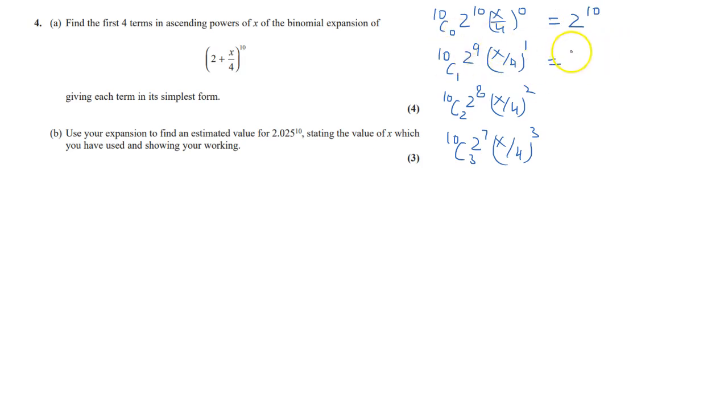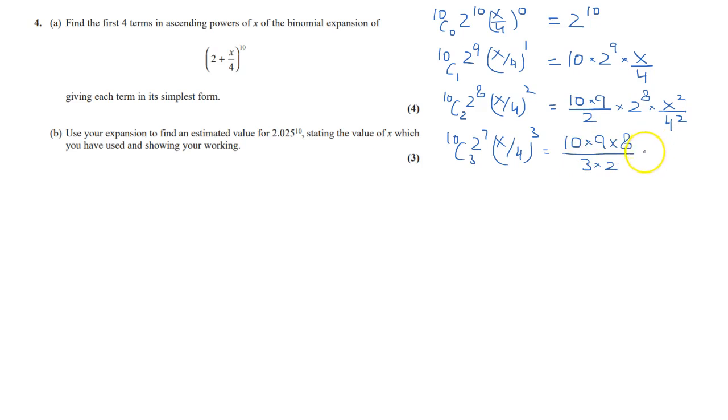Second one, 10C1 is 10, multiply 2 to the power 9, multiply x over 4. 10C2 is 10 multiply 9 divided by 2, 2 to the power 8, this is x squared over 4 squared. 10C3 is 10 multiply 9 multiply 8 divided by 3 multiply 2, 2 to the power 7, x to the power 3 over 4 to the power 3.